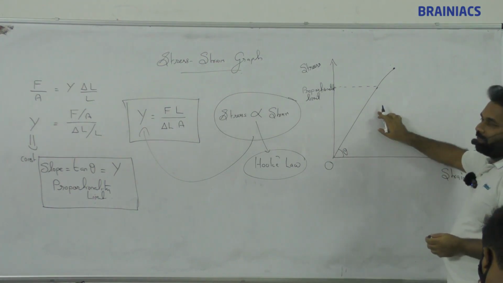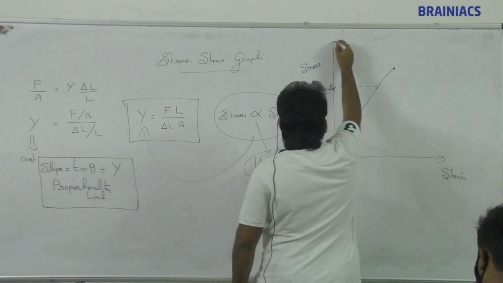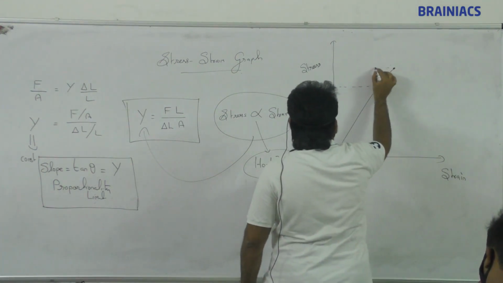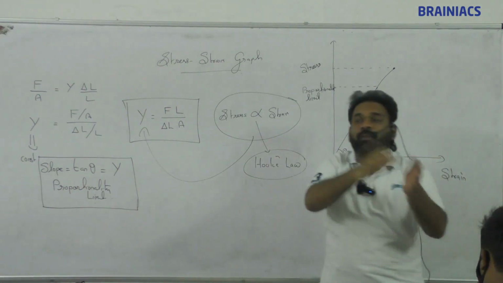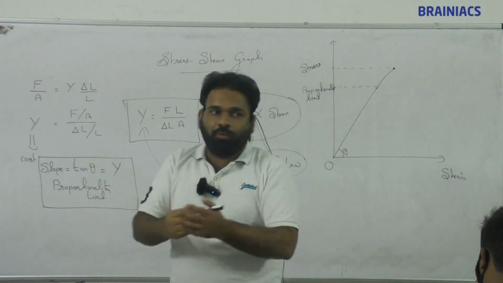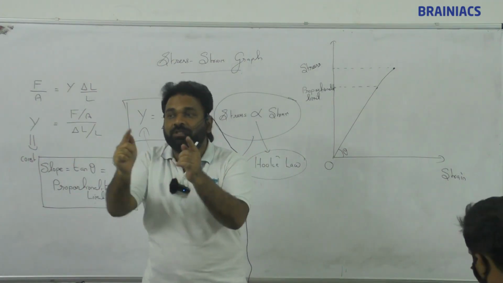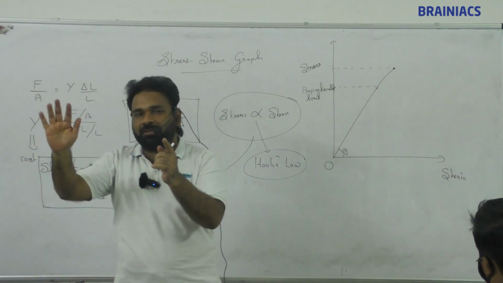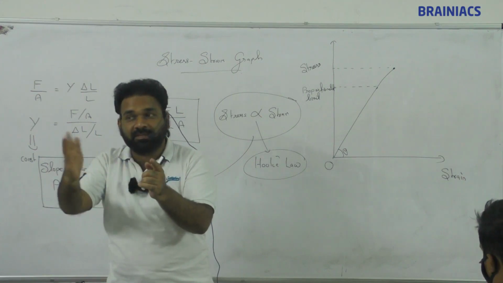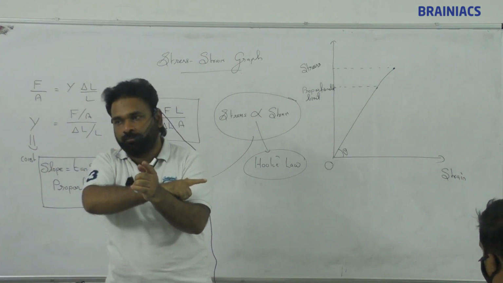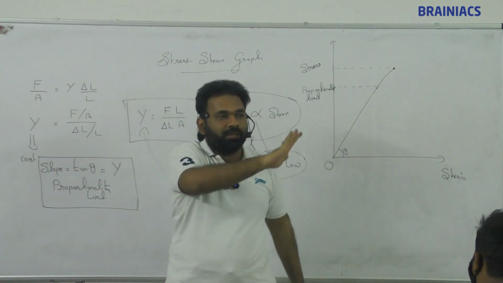This is the proportionality limit. So what happens after this proportionality limit? Till a stage he will be able to come back to normalcy. Based on the stress the dimension will change, but the dimension is not proportional. Stress is not proportional to strain now, but it will come back to the original dimension.